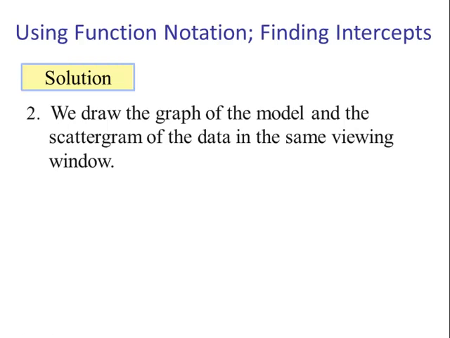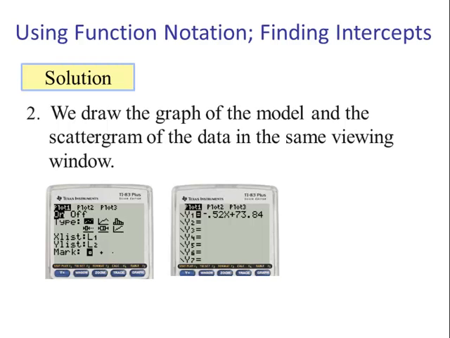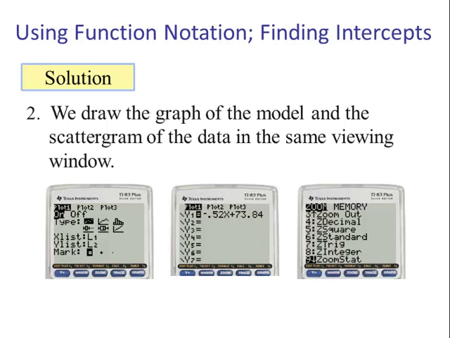Number 2, we draw the graph of the model and the scattergram of the data in the same viewing window. So you hit second, y equals, which is stat plot. Make sure the plot is on. Then you hit y equals and type in the equation, negative 0.52x plus 73.84. Then you hit zoom, and then number 9, zoom stat.